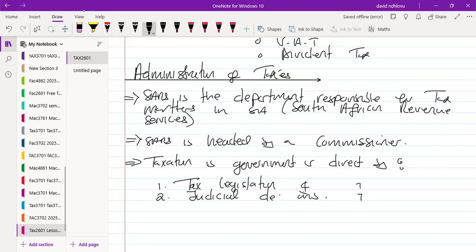Right, so we have decisions. So taxation is governed by legislation, tax legislation, and judicial decisions.